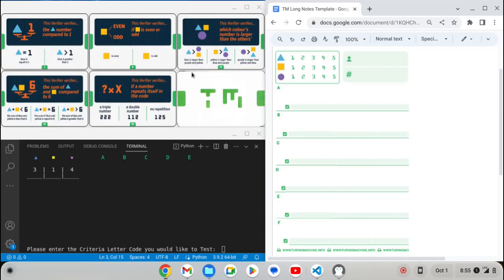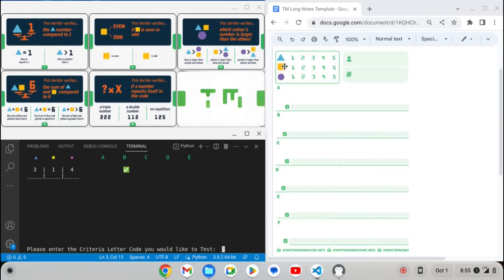And we're going to start off with an initial proposal of 314. So the first thing I want to test is I want to know a little bit about that middle digit. So let's go ahead and test criteria card B. Okay, so the Turing Machine approves of my choice. I did pick an odd one. So the Turing Machine confirms, yes, that middle digit is an odd digit.